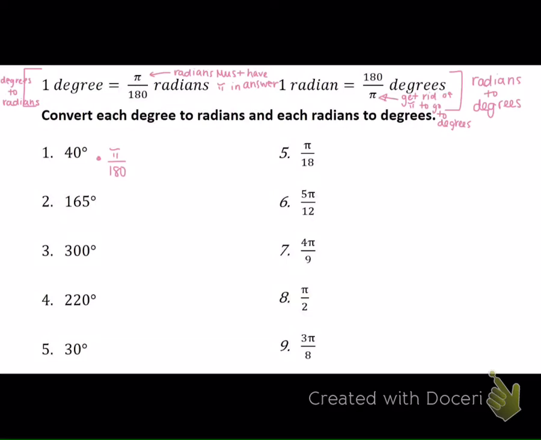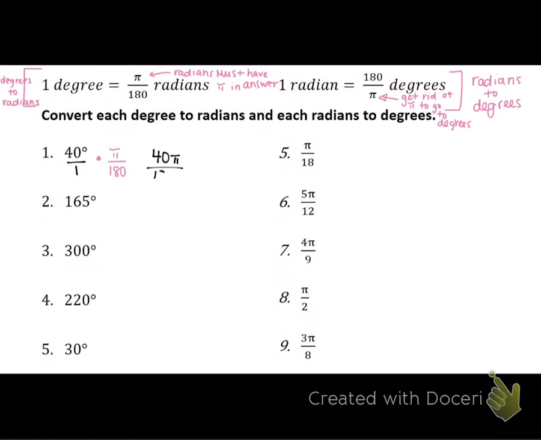So we can kind of do some cross division here. You'll notice that they both end in 0, right? Do you guys all see that? This is 40 pi over 180, so we need to simplify this. So you multiply straight across. They both end in 0, so I'm going to cross off those zeros.